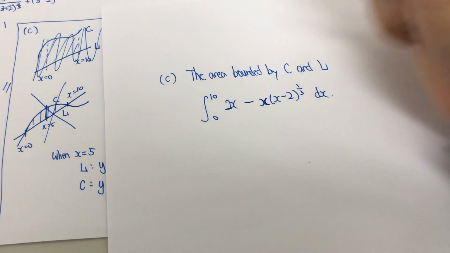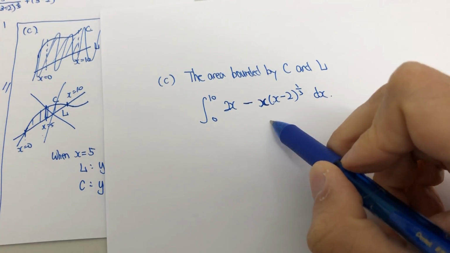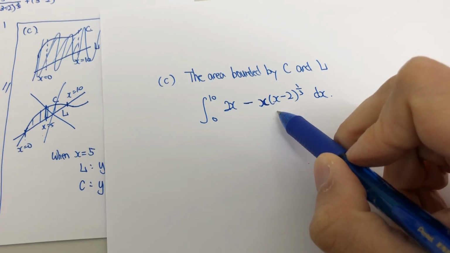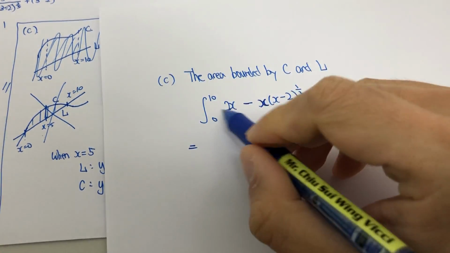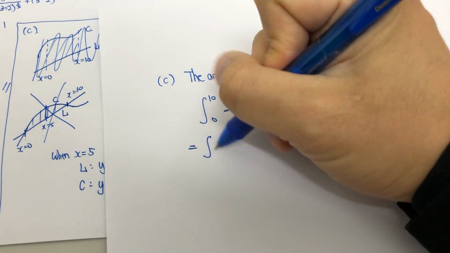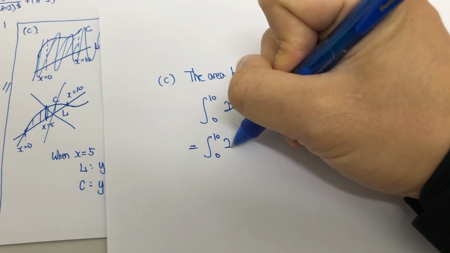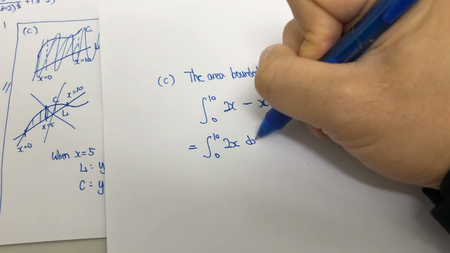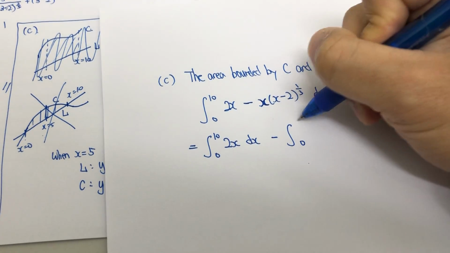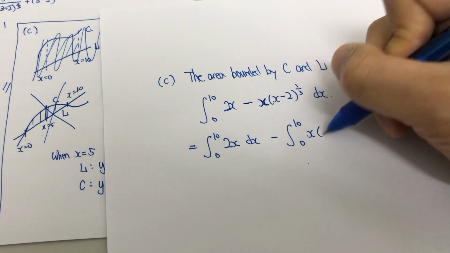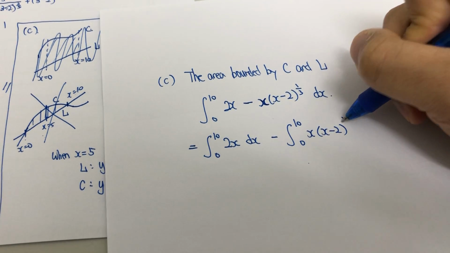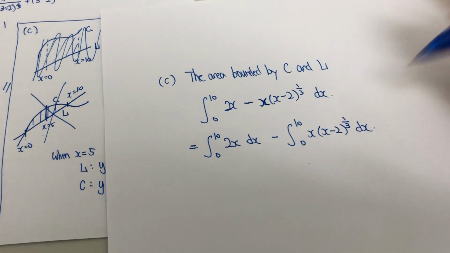Next, we're going to integrate this. Are you confident to do this? First of all, let's separate them. The first part is just 2x. The second part, we have to deal with something very complicated, x times (x minus 2) to the power of 1 over 3 dx.